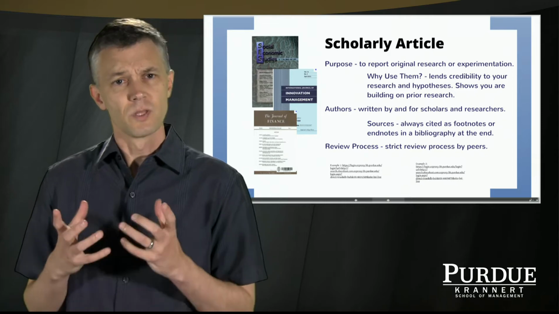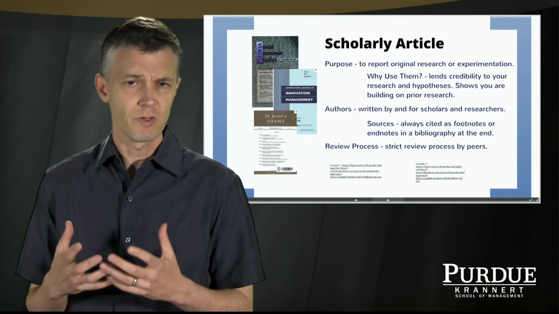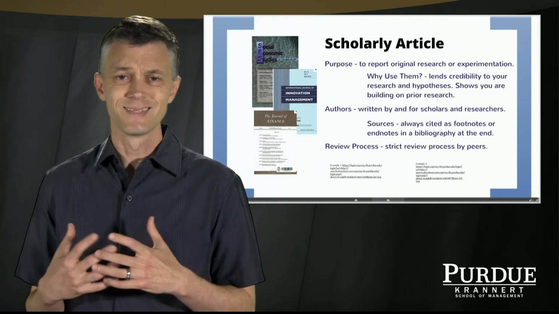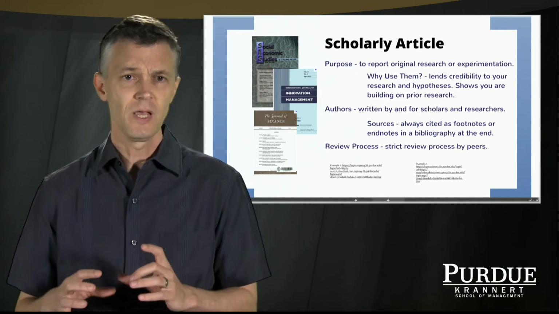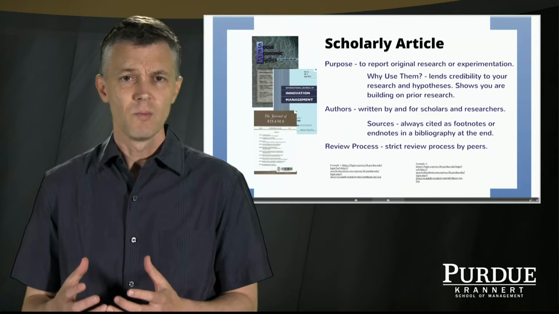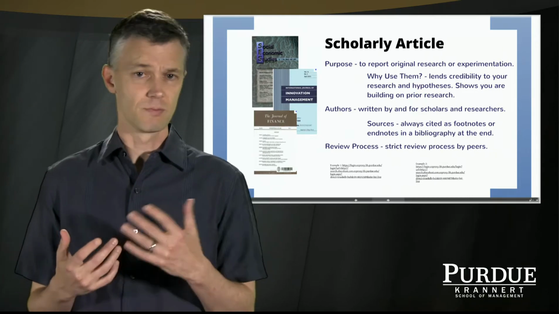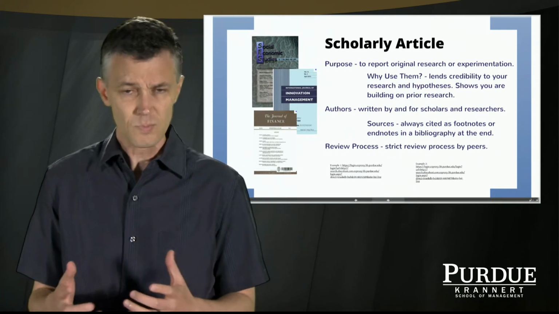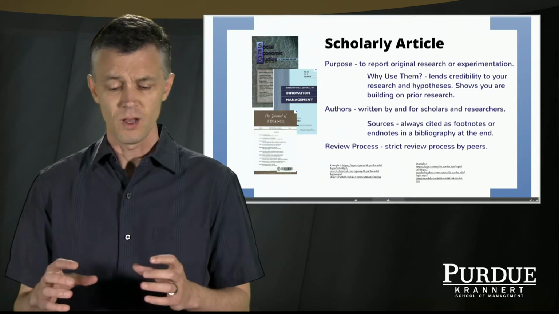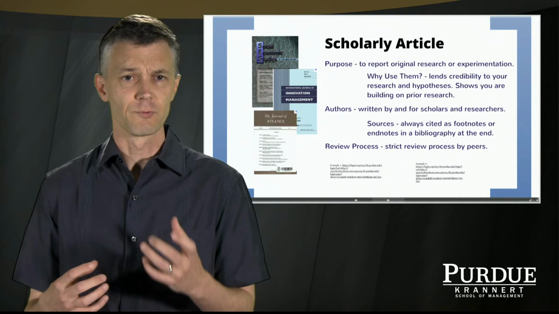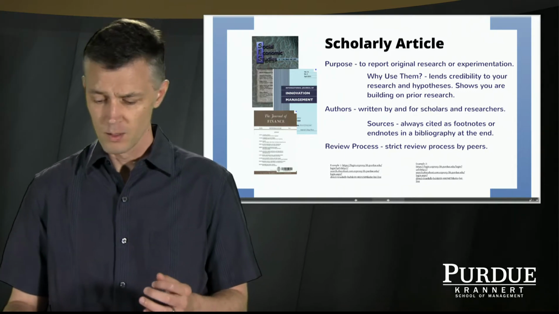So the important thing to remember about a peer-reviewed scholarly article is that it's not timely. It's very deep because of all that prior research and all that new data, but it's not something that just happened a week or two ago. It's gone through 6, 8, 10 months of working on it, writing it, rewriting it.